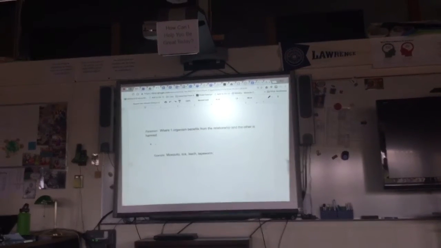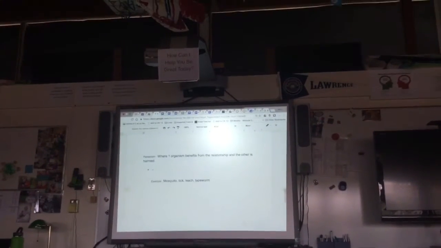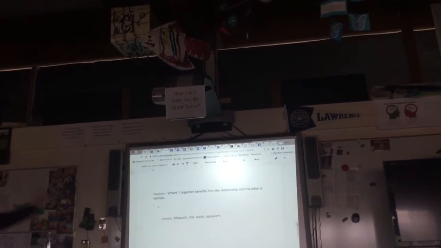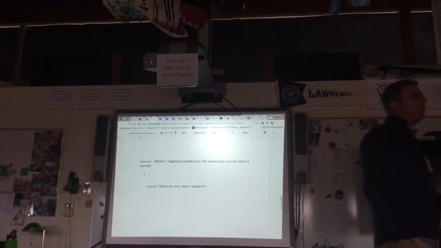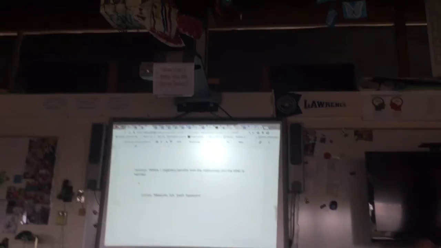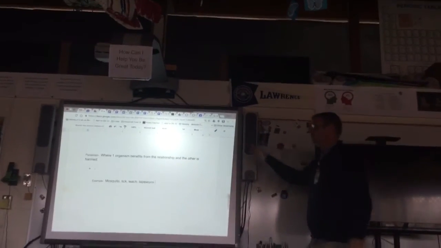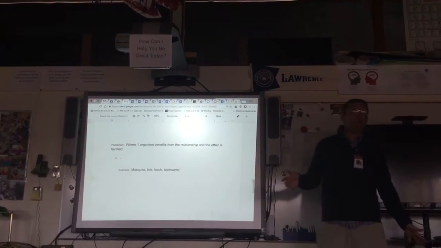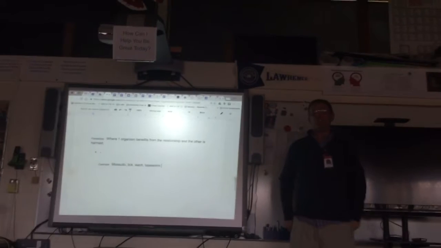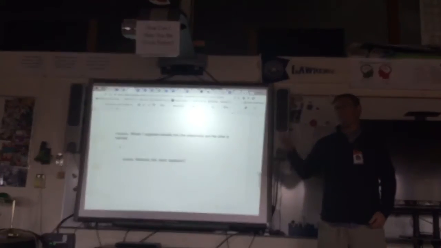Now, ideally, that organism doesn't want to kill the host, because if it kills the host, then it dies. So it doesn't want to destroy it, but it does want to use it. Mosquito, tick, leech are all using it for blood in order to stay alive. The tapeworm actually just eats your food. So it stays alive by attaching into your stomach, and then it's digesting the same food that you're eating, and that's how it stays alive.